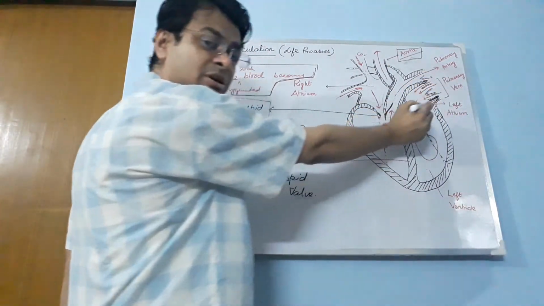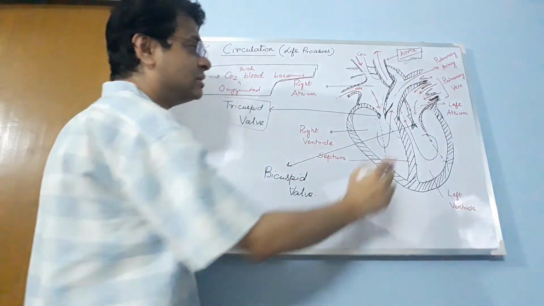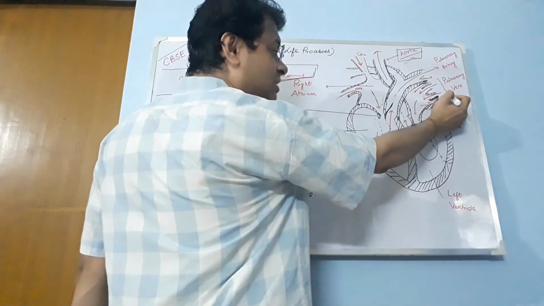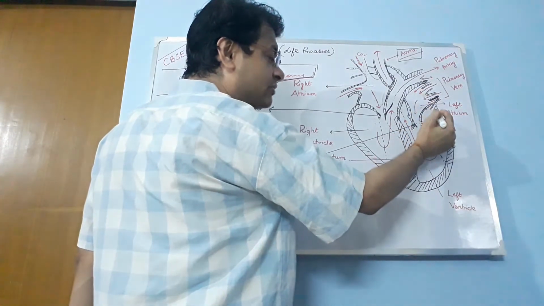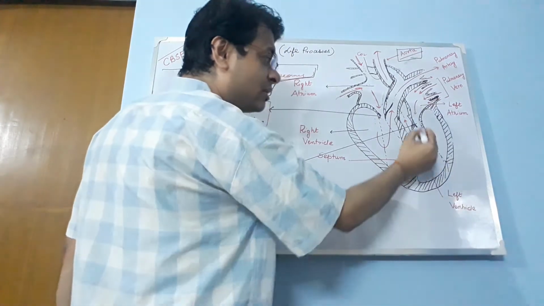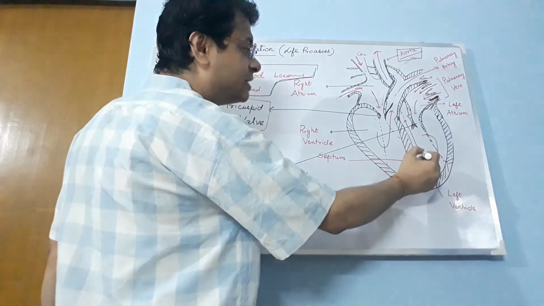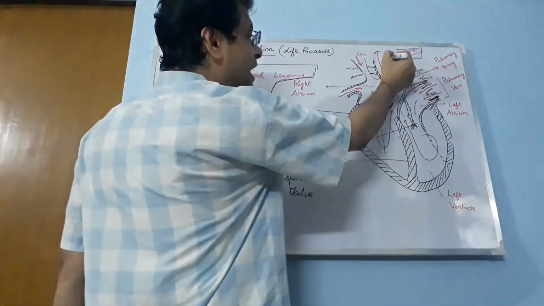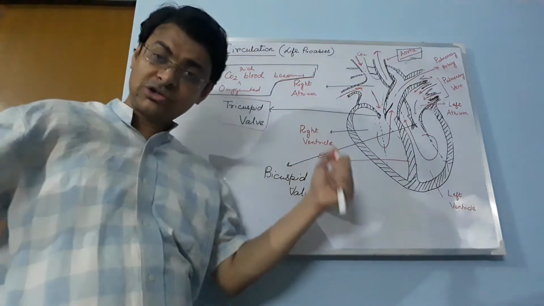There are 4 chambers of the pulmonary vein, I have already mentioned by arrow, you can see. So the oxygen rich blood enters the left atrium, and from the left atrium it enters the left ventricle via the bicuspid valve, and from the left ventricle it moves to the aorta, and from the aorta it goes to all parts of the body.